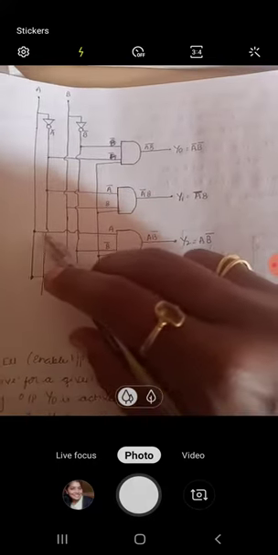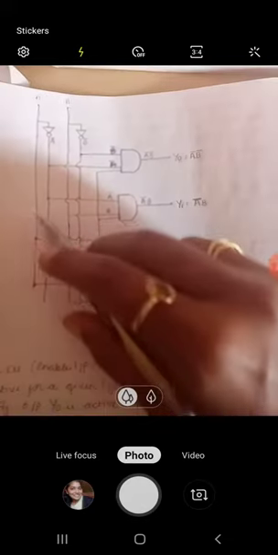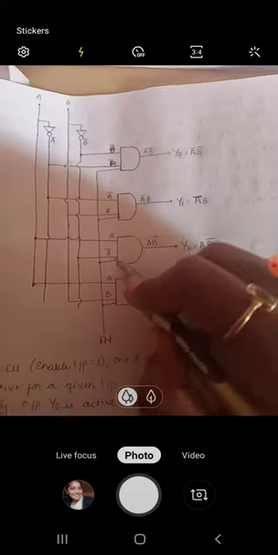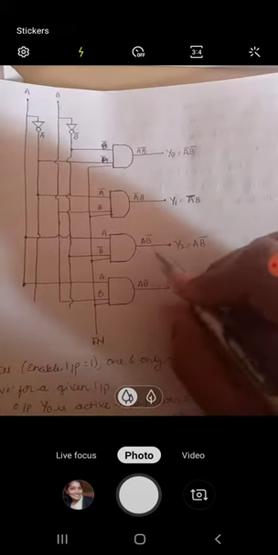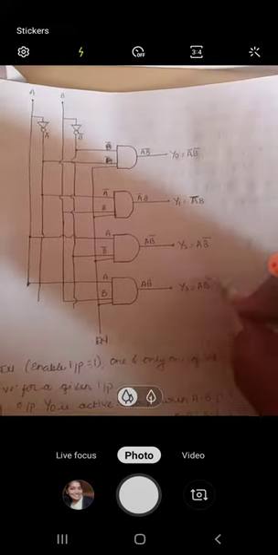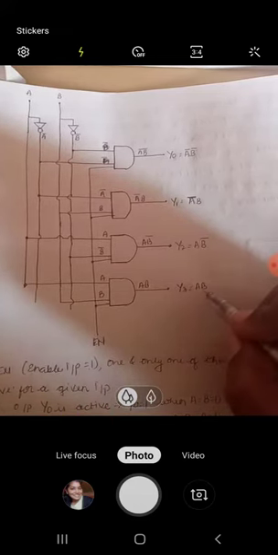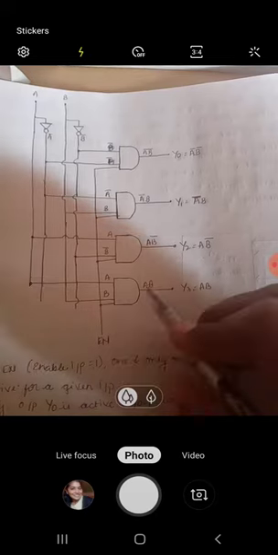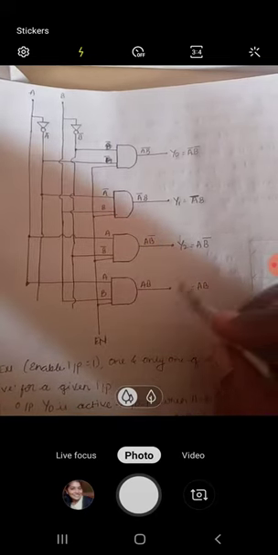This is A, tapped from A, and this is line B bar, so I have tapped B bar. So I get A B bar. This is your Y2. Similarly, Y3 is equal to A into B. This is A and this is B, so you get A into B. This is Y3.